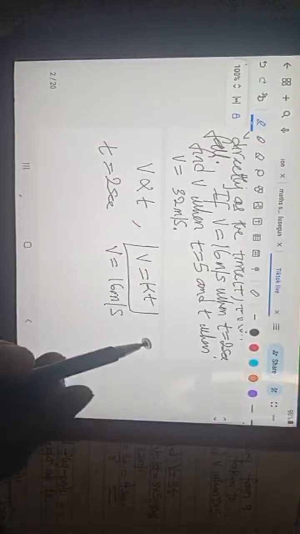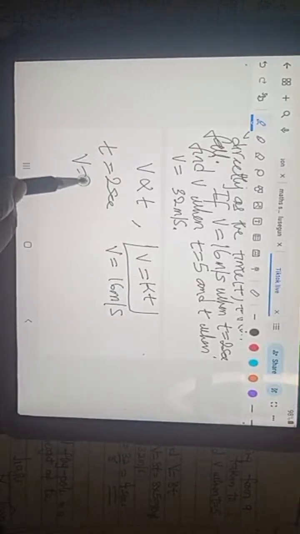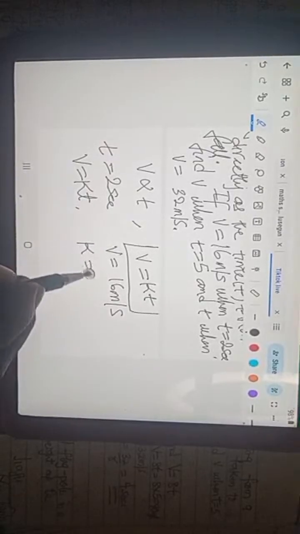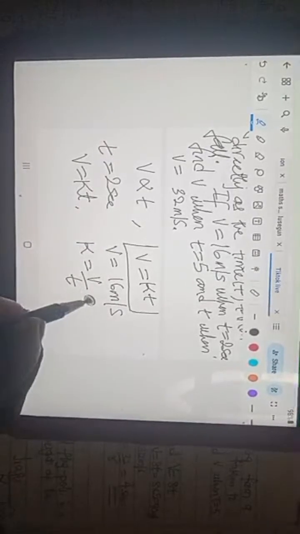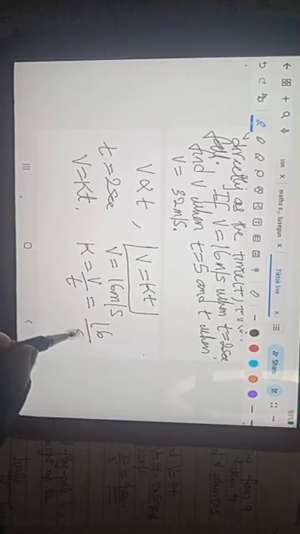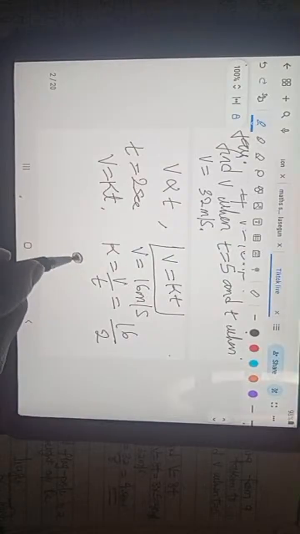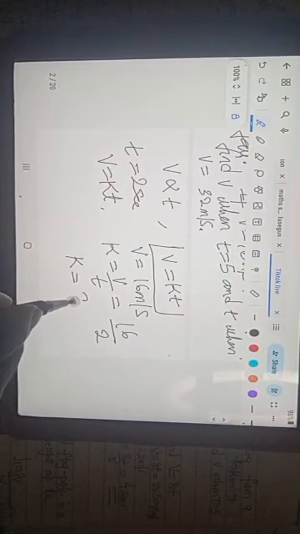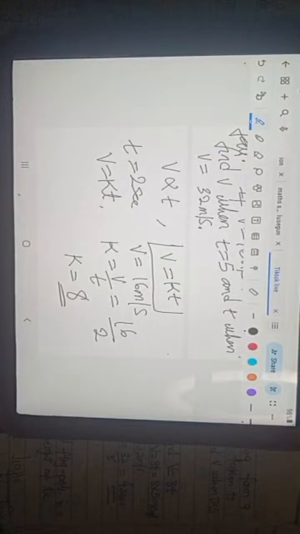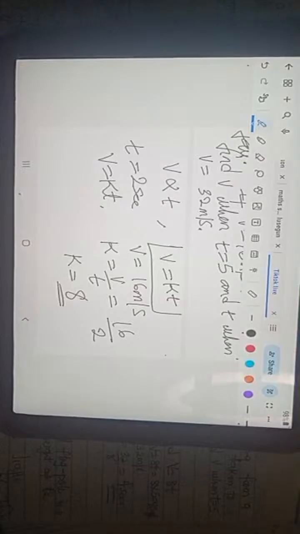If v is equal to kt, the constant k is equal to v over t, which is 16 over 2 seconds. So k is equal to 8. That is just a constant.